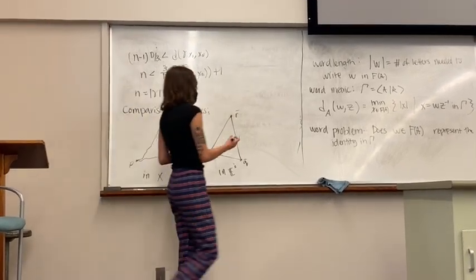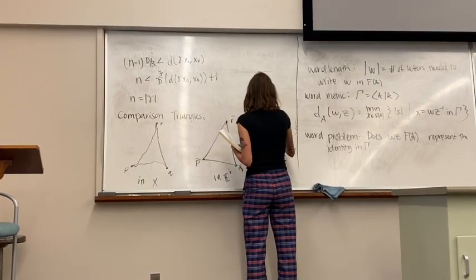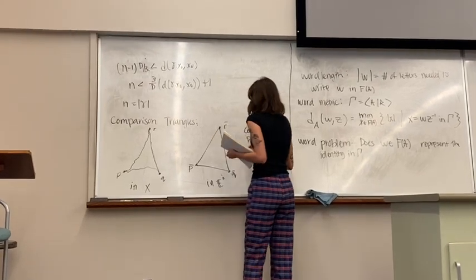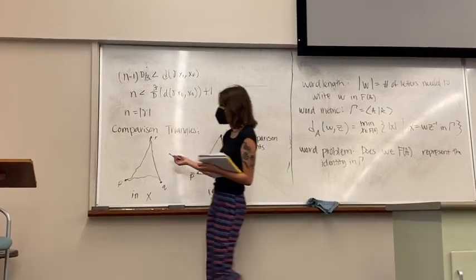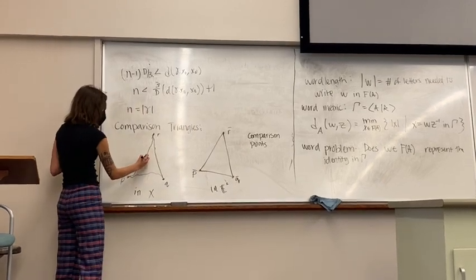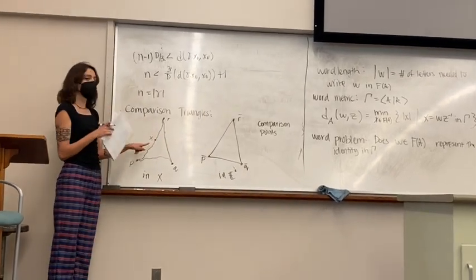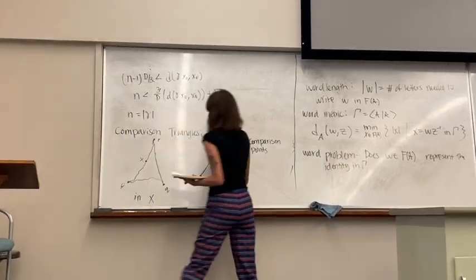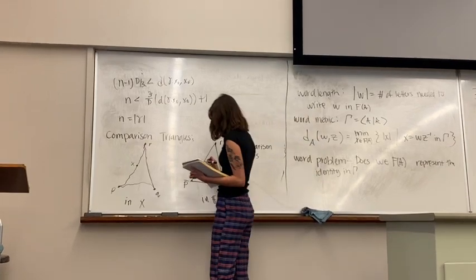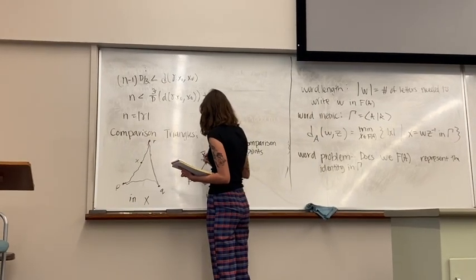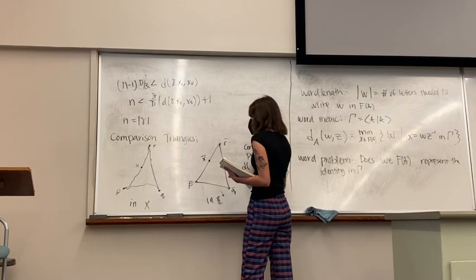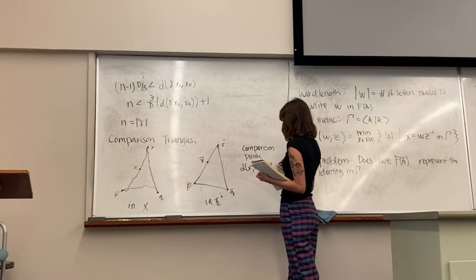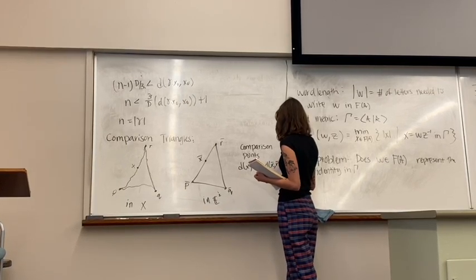Furthermore, we define comparison points. To give an example, if we have a point X here on this side of our geodesic triangle, then the corresponding comparison point in our comparison triangle would be something like this, X bar, where the distance from X to R is equal to the distance from X bar to R bar.